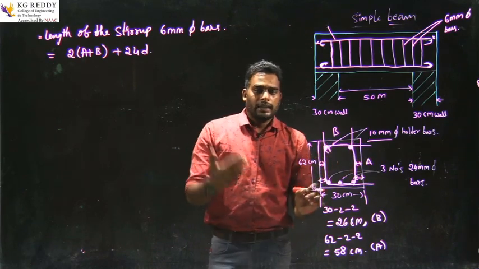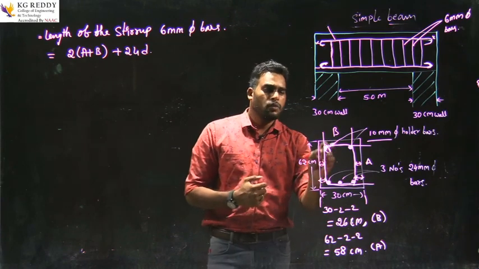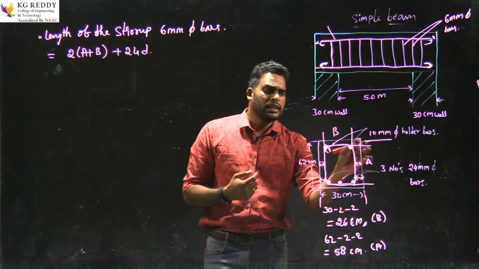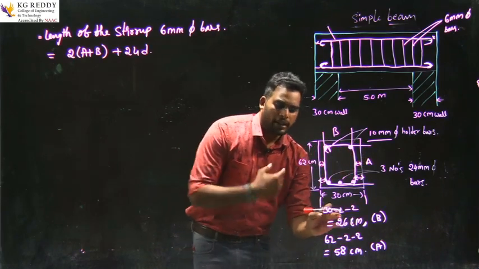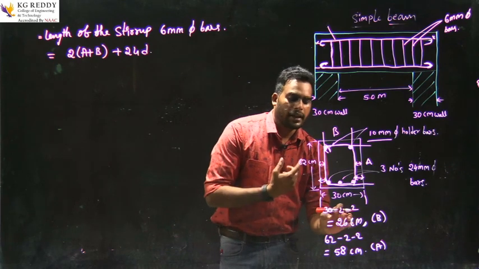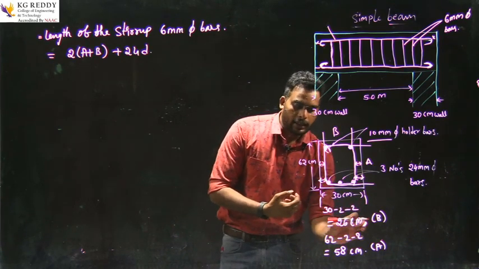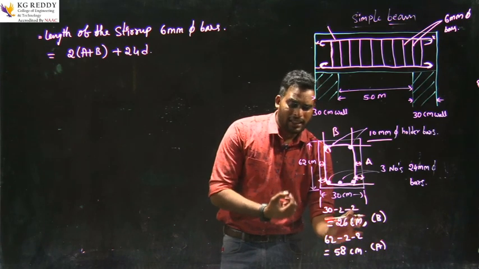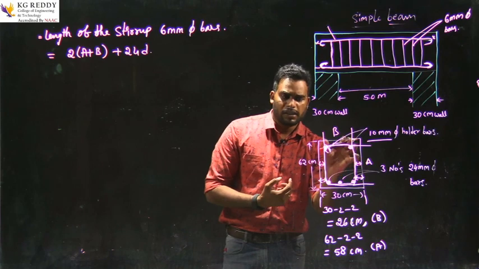We assumed that the end cover is 2 centimeters. So the total width is 30 centimeters, minus 2 centimeters end cover, minus 2 centimeters end cover. By calculating this, we get 26 centimeters, the b value, the length of the stirrup on one side.